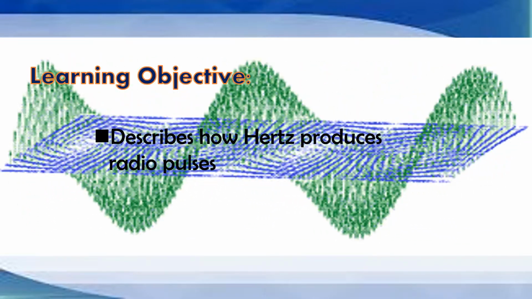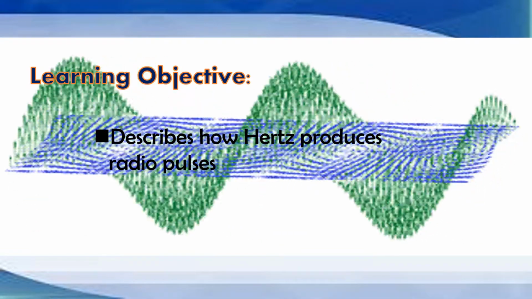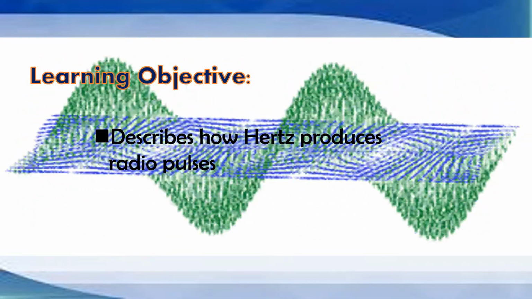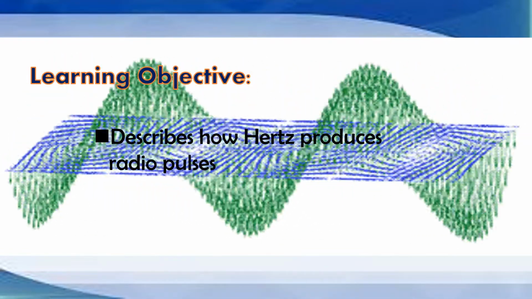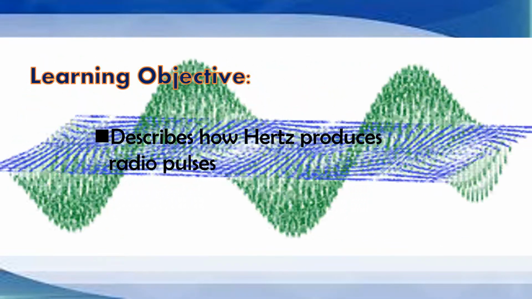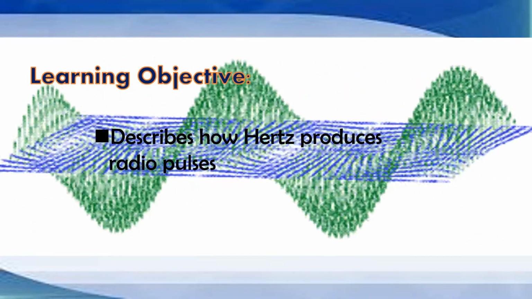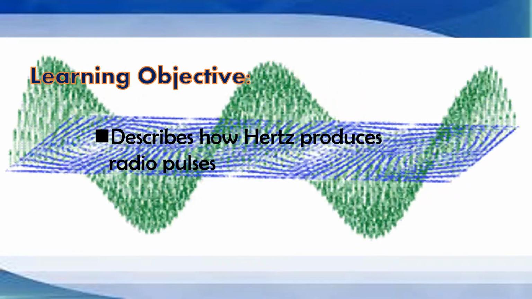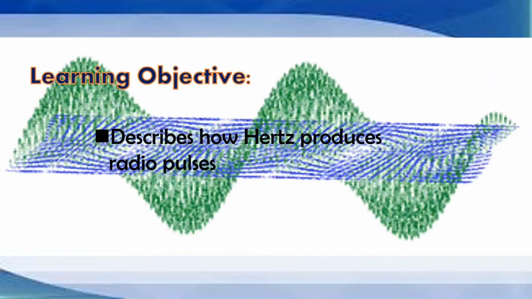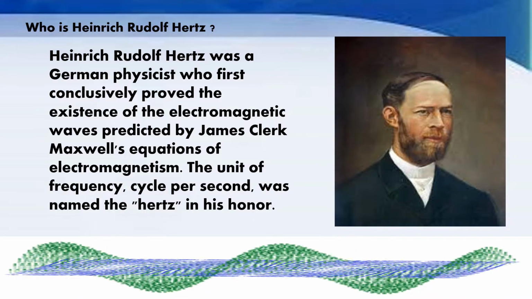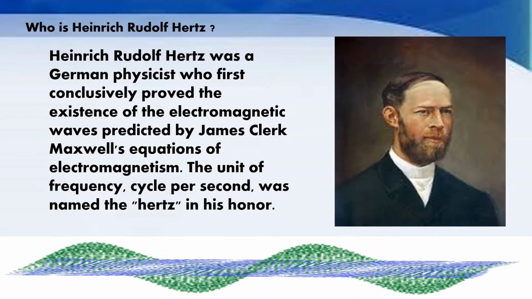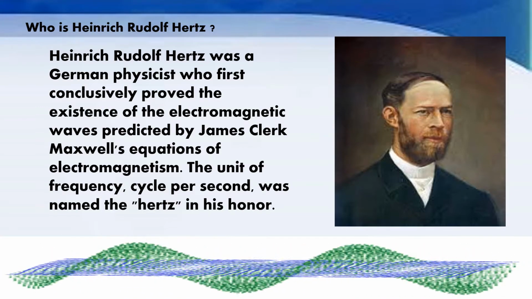Electromagnetism is a division of physics that is concerned with the study of the interacting relationship of electric currents or fields and magnetic fields. Now, who is Heinrich Rudolph Hertz?